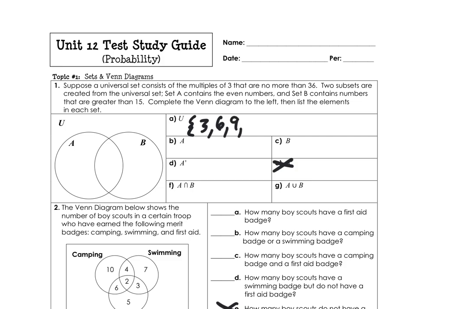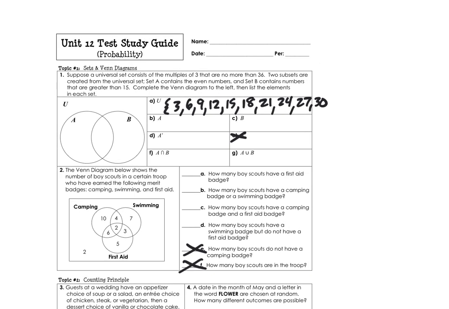So we're going to count 3, 6, 9 by 3s, all the way up to 36. So that's my set of numbers, okay?